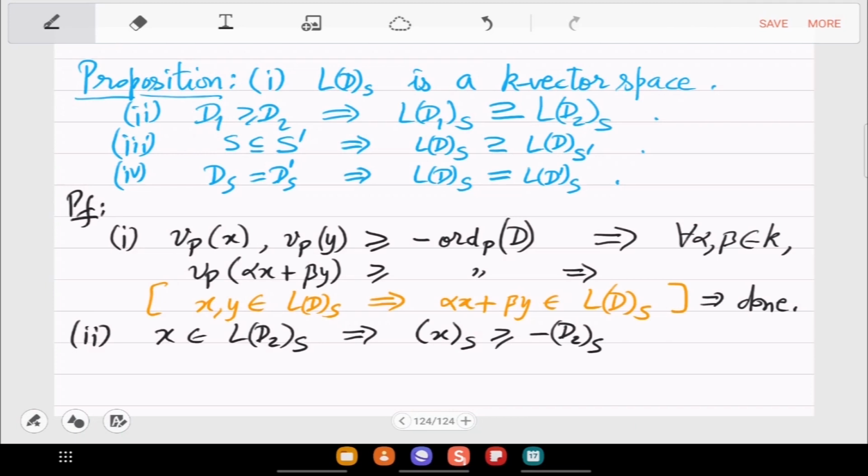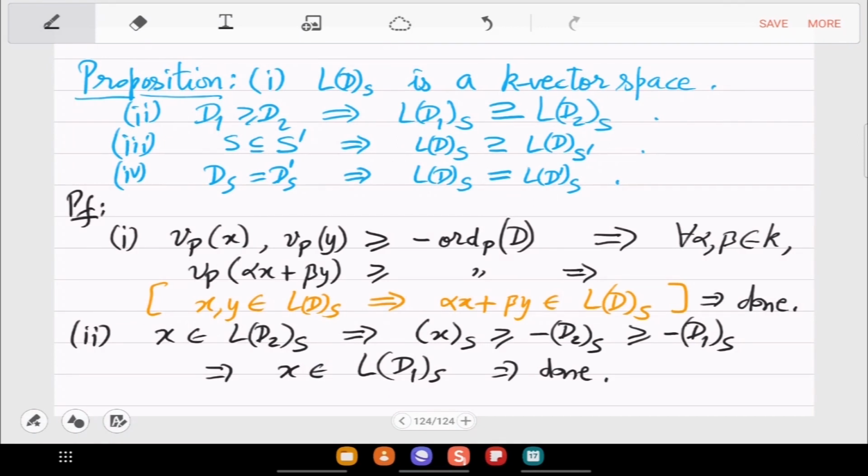Minus D2 is greater than or equal to minus D1 on S, which means that x is also in L(D1,S). Is that fine?